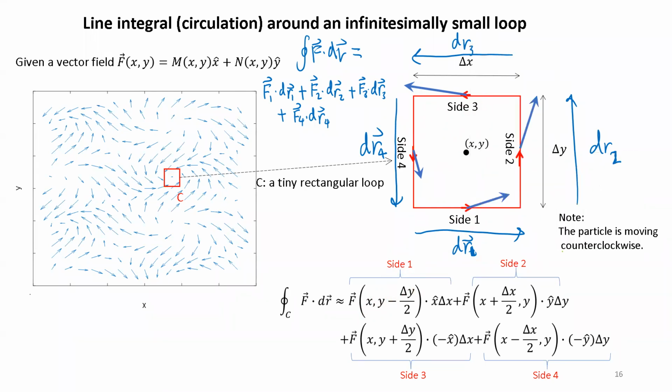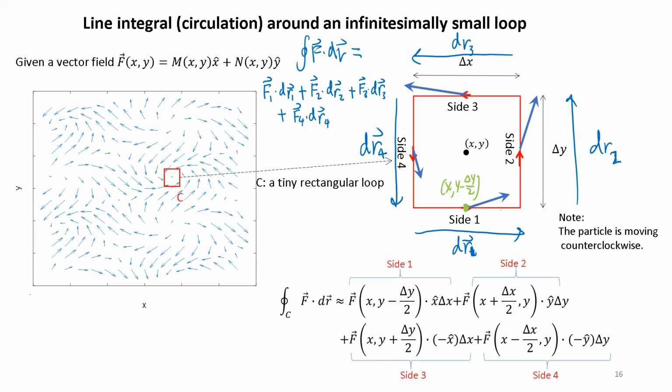So this coordinate is (x, y minus delta y over 2). For side 1, I'm going along the horizontal direction, so my direction is x hat, and my length is delta x, so dr1 is x hat delta x.